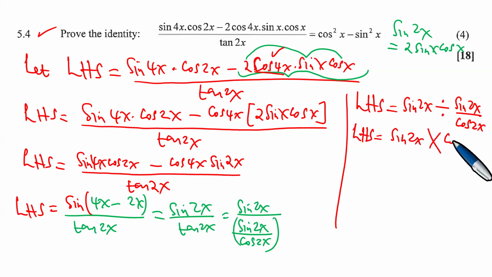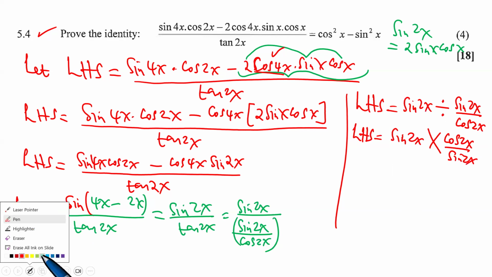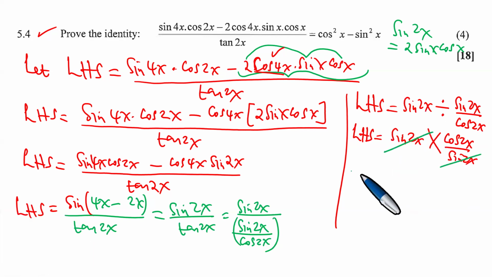We multiply by cosine 2x over sine 2x. So this one cancels out, giving us the left-hand side, which is cosine 2x.